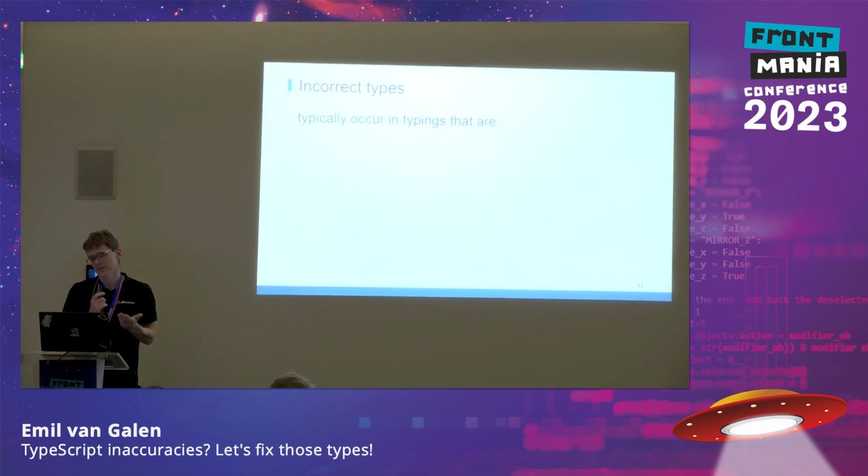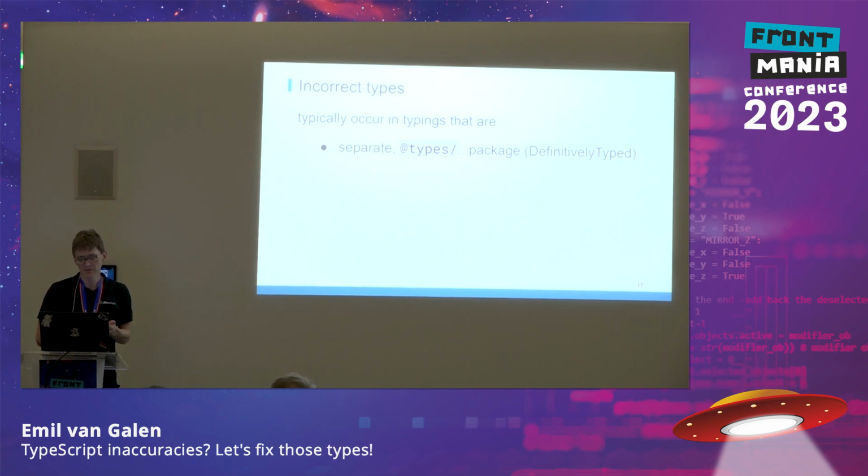And we all know incorrect types. Nowadays it's less and less of a problem because a lot of code is written in TypeScript, so the typings, the d.ts files, are generated out of it. But we still stumble into situations where you have to use a types package.